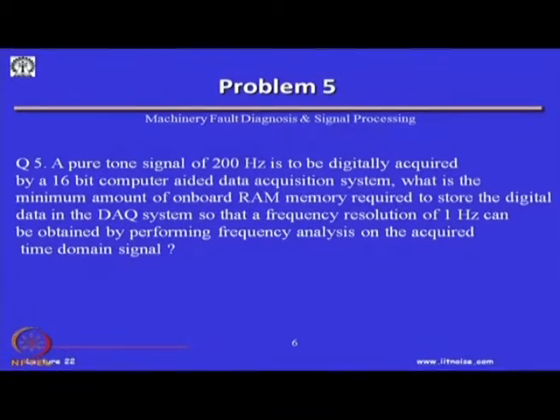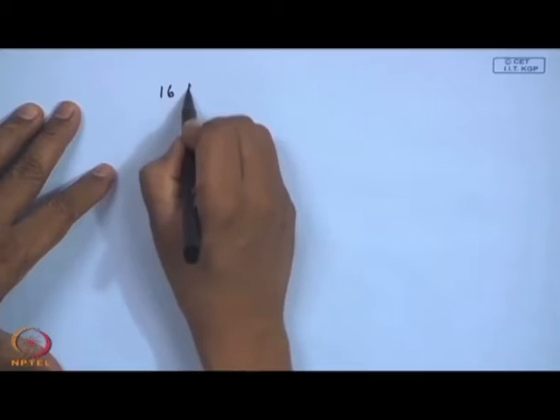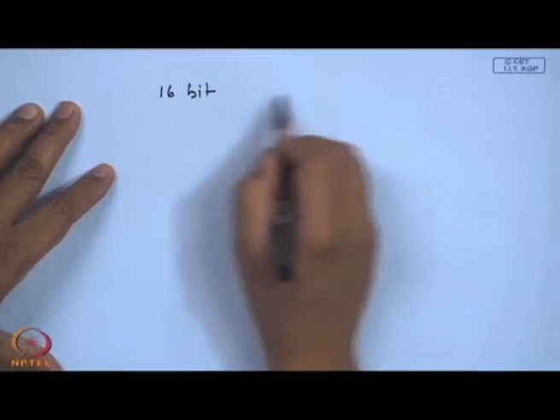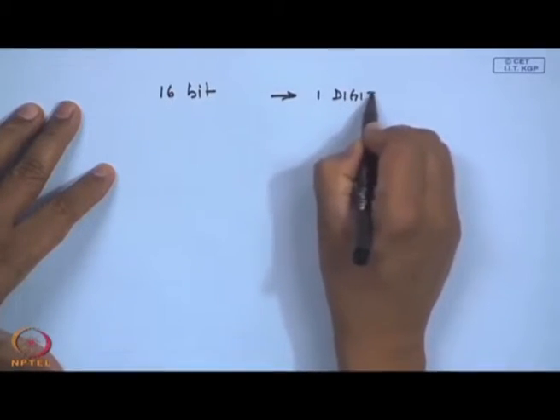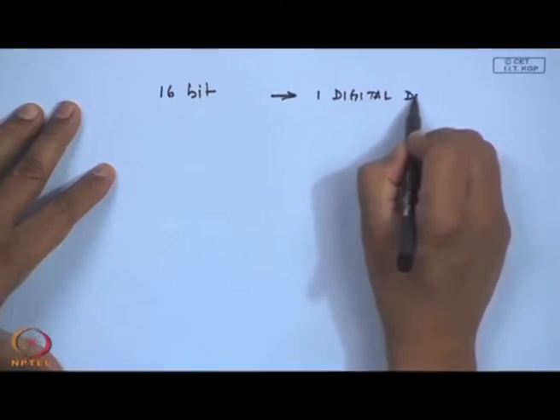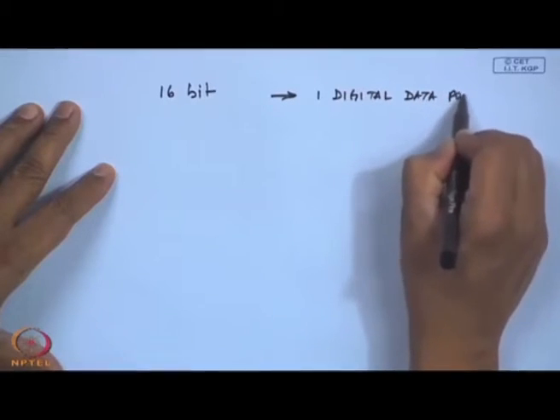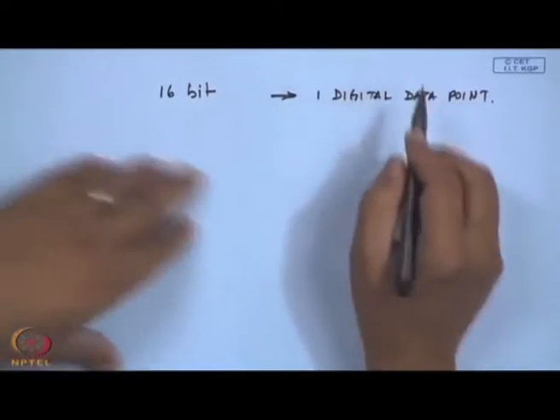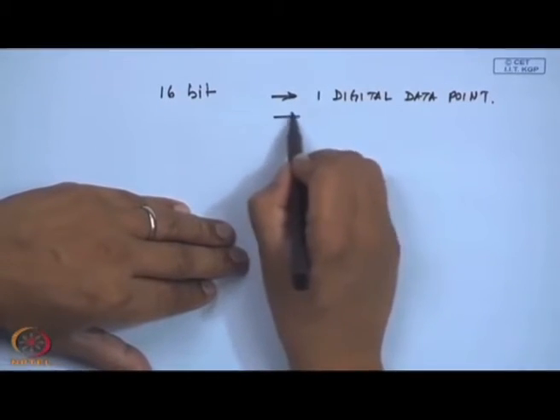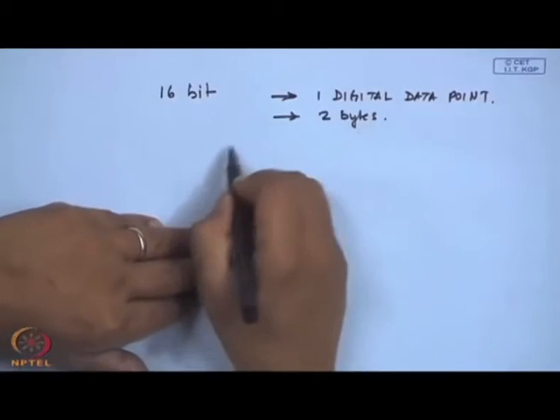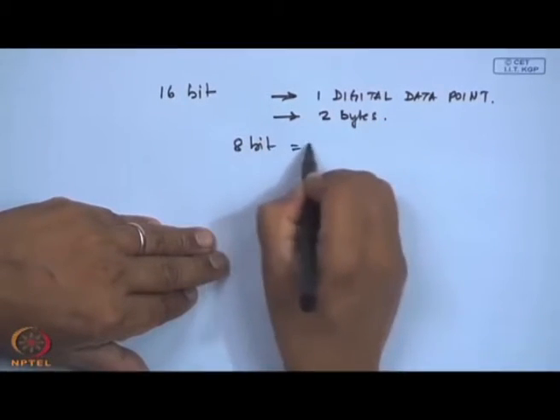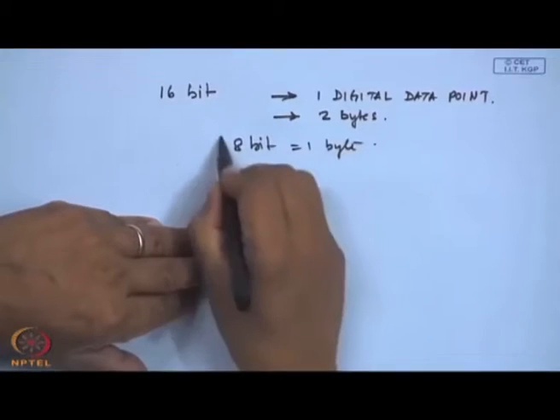And in the next part of the system, it is a 16-bit computer. That means one digital data point will be stored in 16 bits, so that corresponds to 2 bytes, because 8 bits is equal to 1 byte.